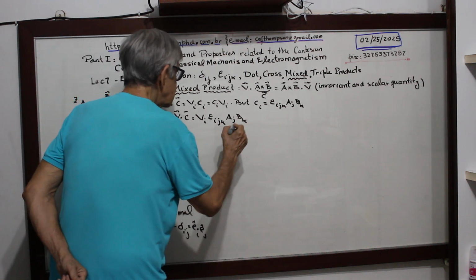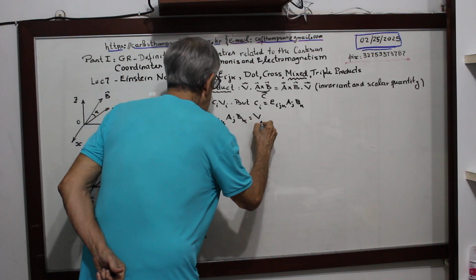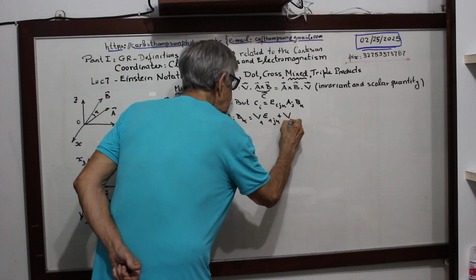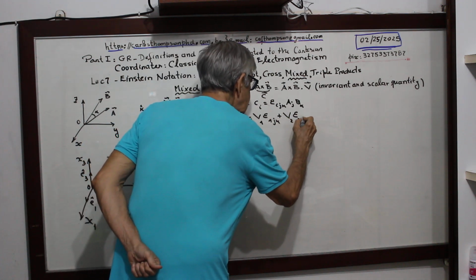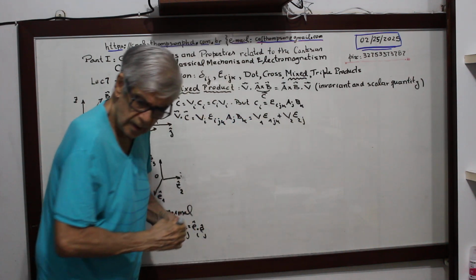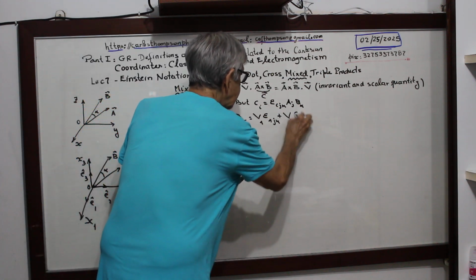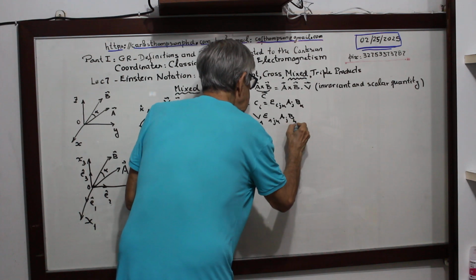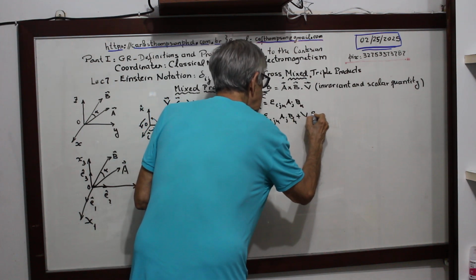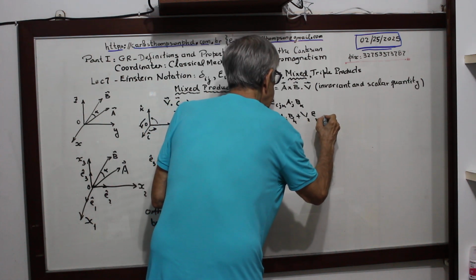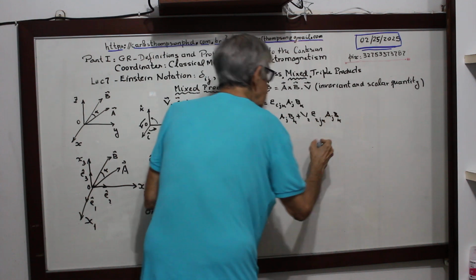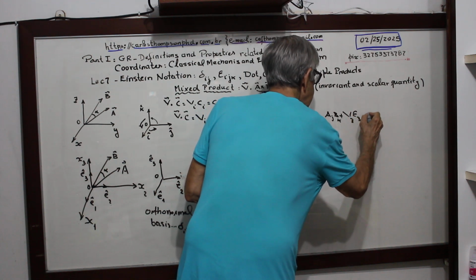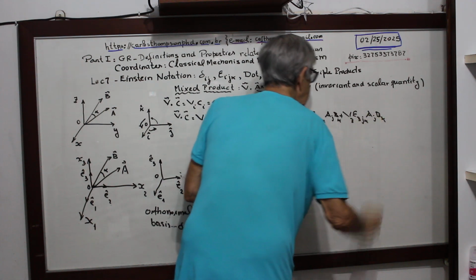So I can develop this as a sum. v1 epsilon_1jk a_j b_k plus v2 epsilon_2jk a_j b_k plus v3 epsilon_3jk a_j b_k.